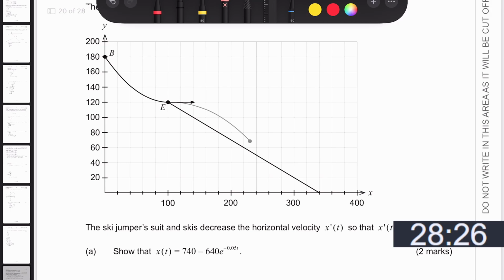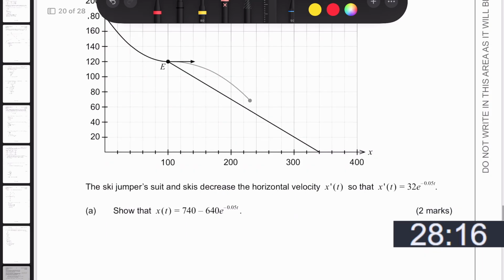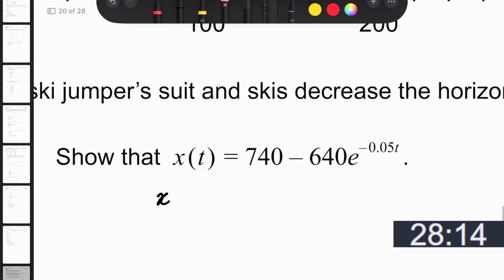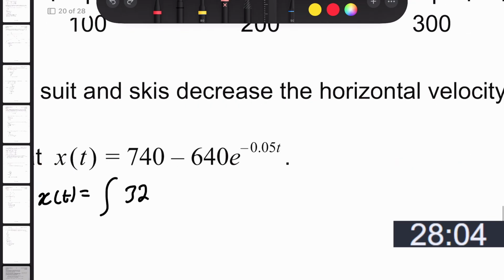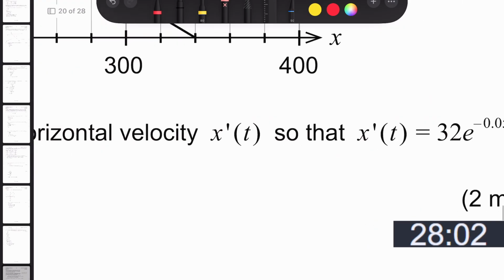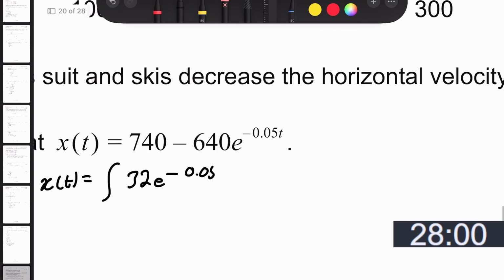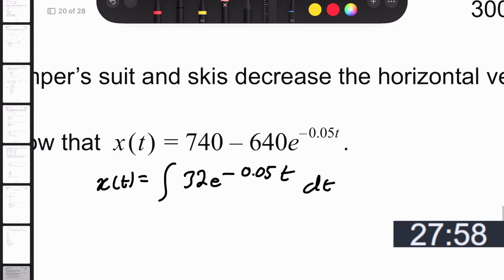Skier's suit and skis decrease the horizontal velocity, so that is that. Show that x(t) is equal to that. Okay. So x(t) is equal to the antiderivative of, oh no, it's 32e^(-0.05t) dt.